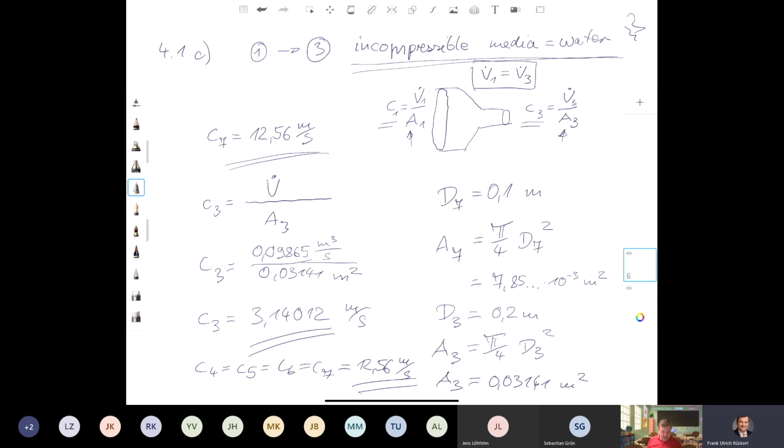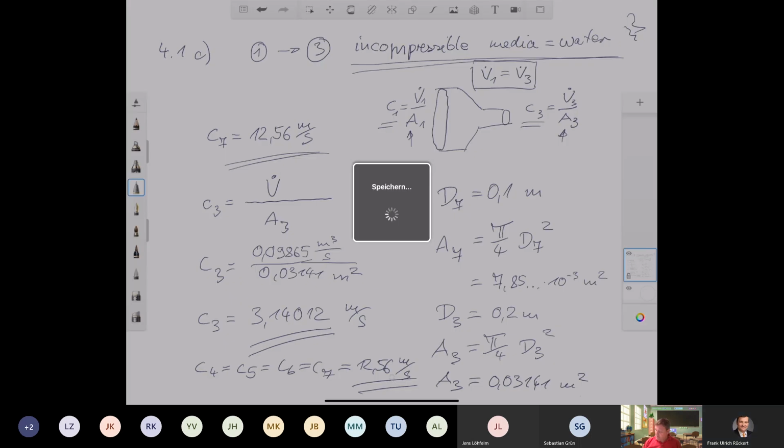And now we must calculate the pressure P3. I want to open a new sheet. So exercise 4.1, part 3. And now again, I have to make the balance, the Bernoulli's balance, as we already know it.